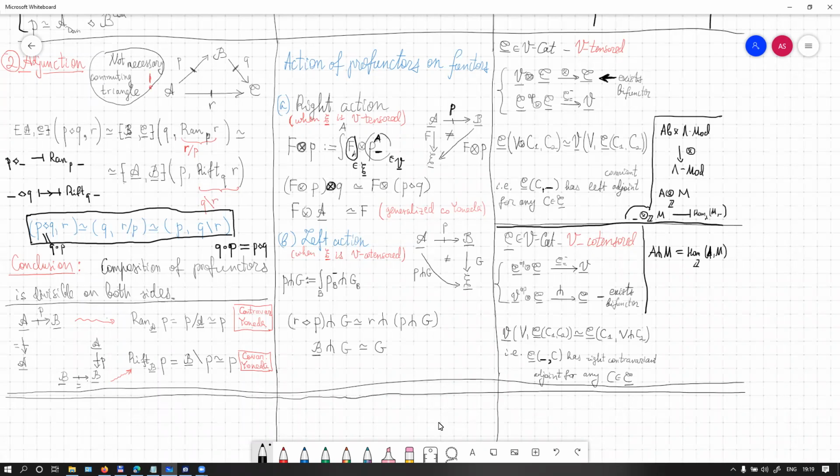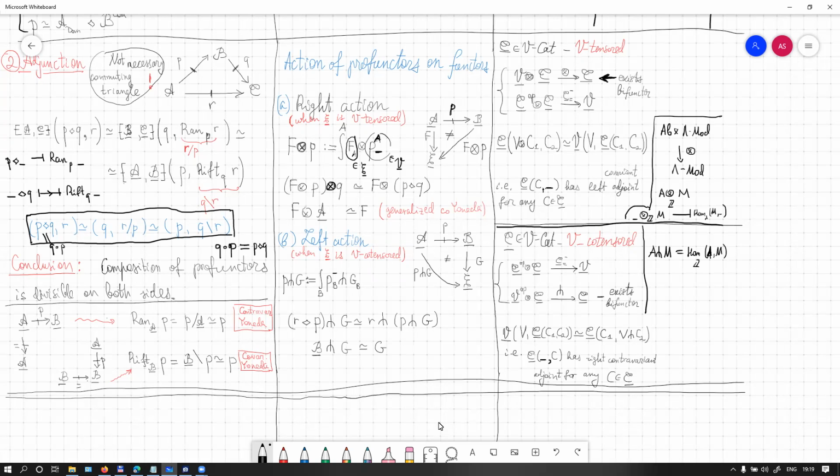And all these adjunctions that you usually have, either in representation theory and homological algebra, where you use tensoring or homing from a bimodule to your module, you will have precisely this action of profunctors on your functors.